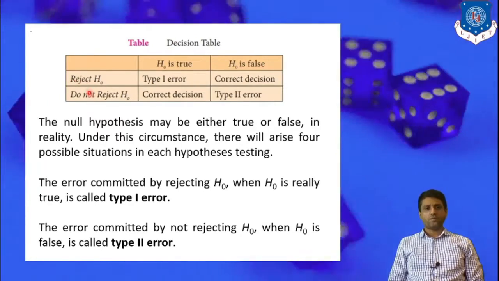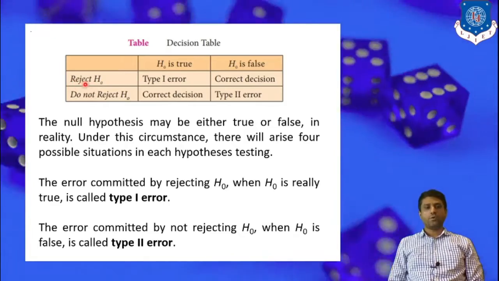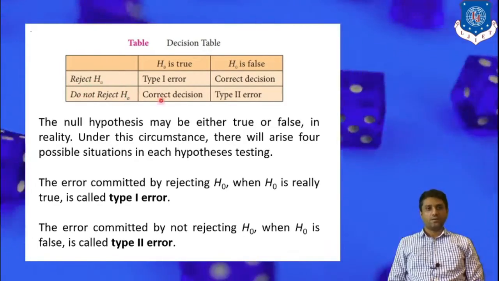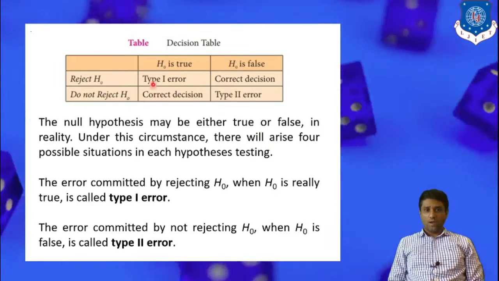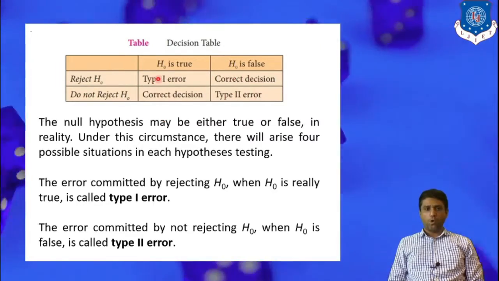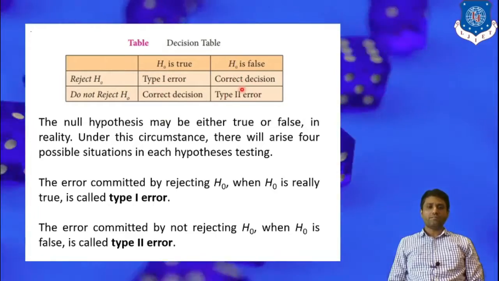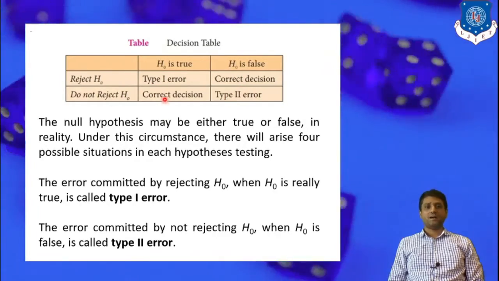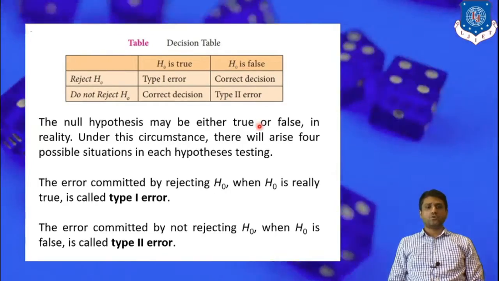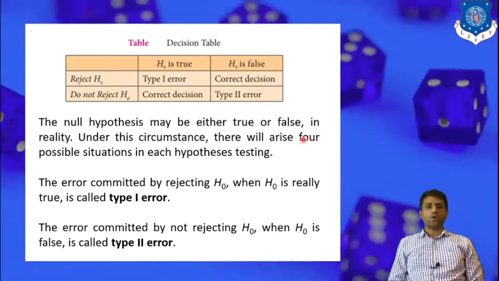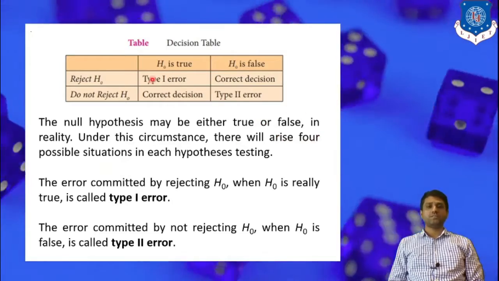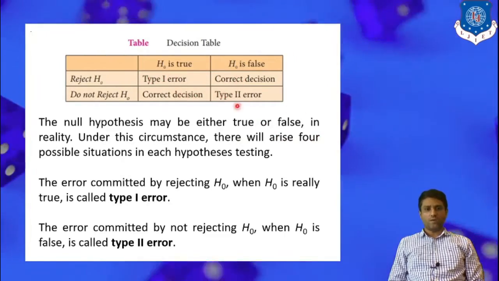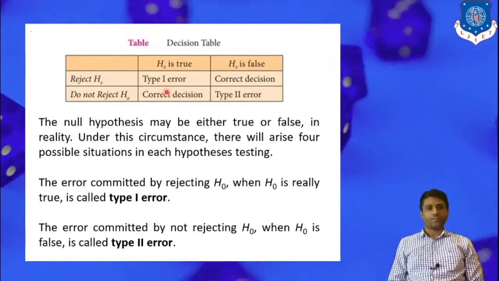Then again we write down the columns: reject the null hypothesis and do not reject the null hypothesis. So one by one we have to discuss these 4 cases. Whenever we give any decision, there are always four possible situations that arise: first, second, third and fourth. So one by one we have to discuss each of them.